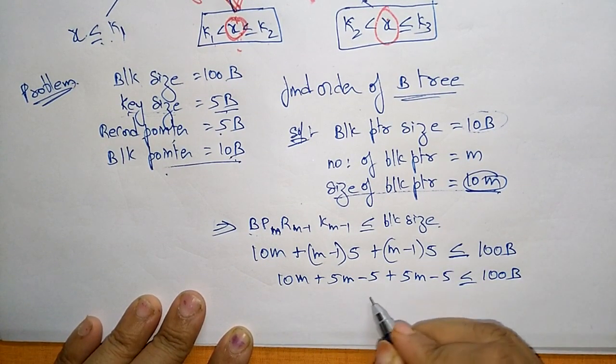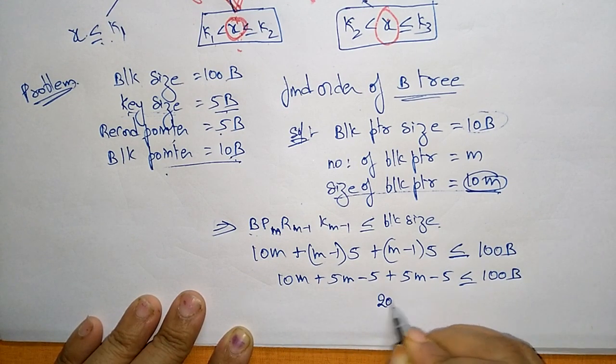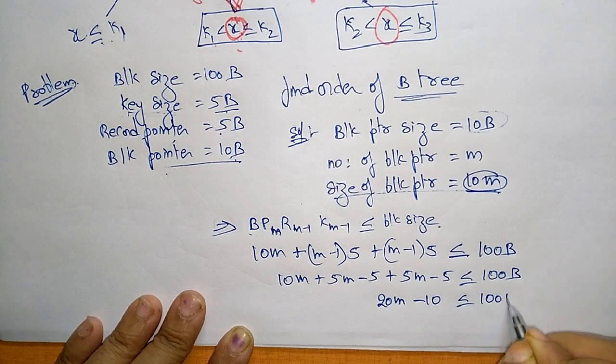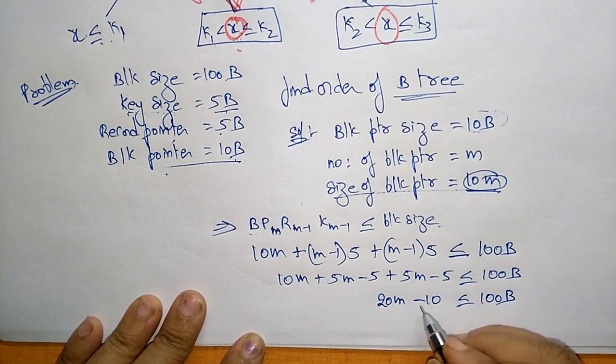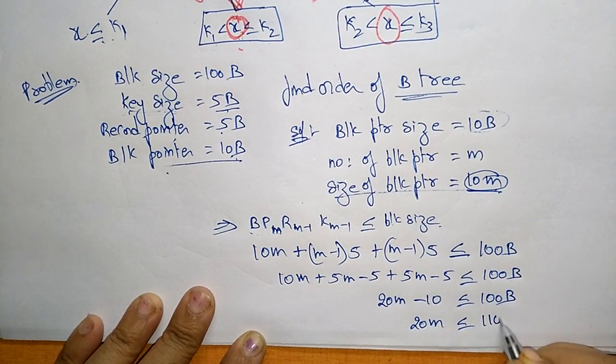Now the total is 20M minus 10, less than or equal to 100 bytes. Moving this over, 20M is less than or equal to 110.